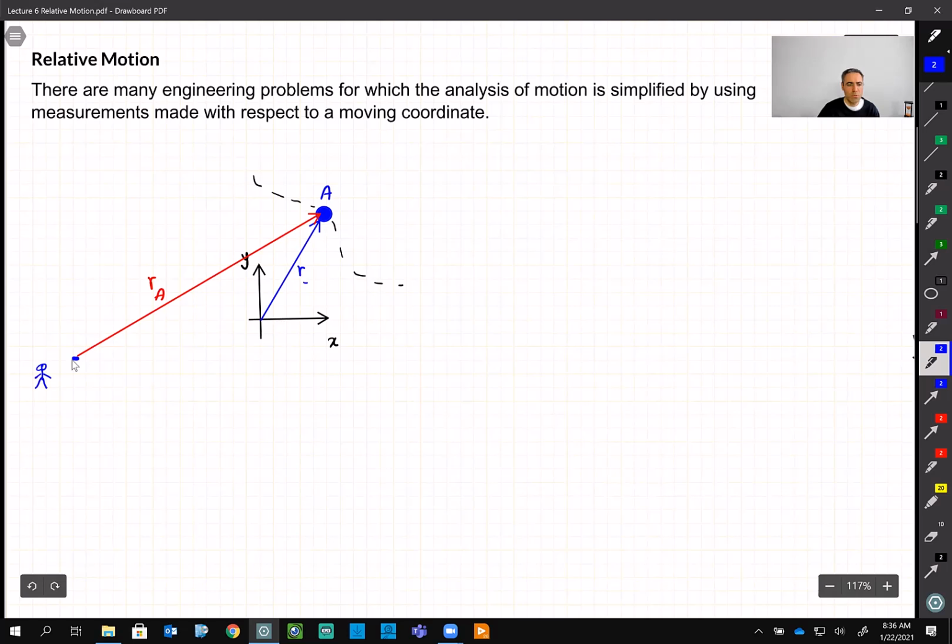But we are interested to know more from this point. Let's call it point O or whatever. All right, this is what we are looking after. So I set my axis over here as well.